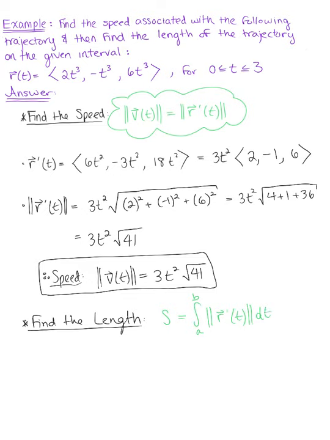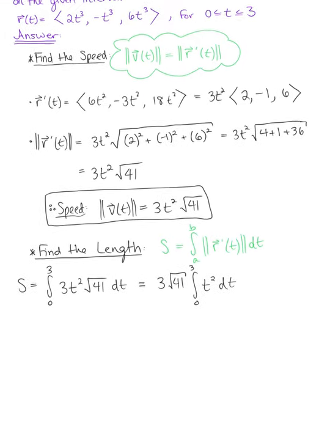So plugging in what we just found, our arc length S of this trajectory from 0 to 3 is the integral of 3t squared times the square root of 41 dt. You can go right ahead and integrate at this point if you want. I'm going to pull the constants out to the front. So I have 3 times the square root of 41, integral from 0 to 3 of t squared dt.